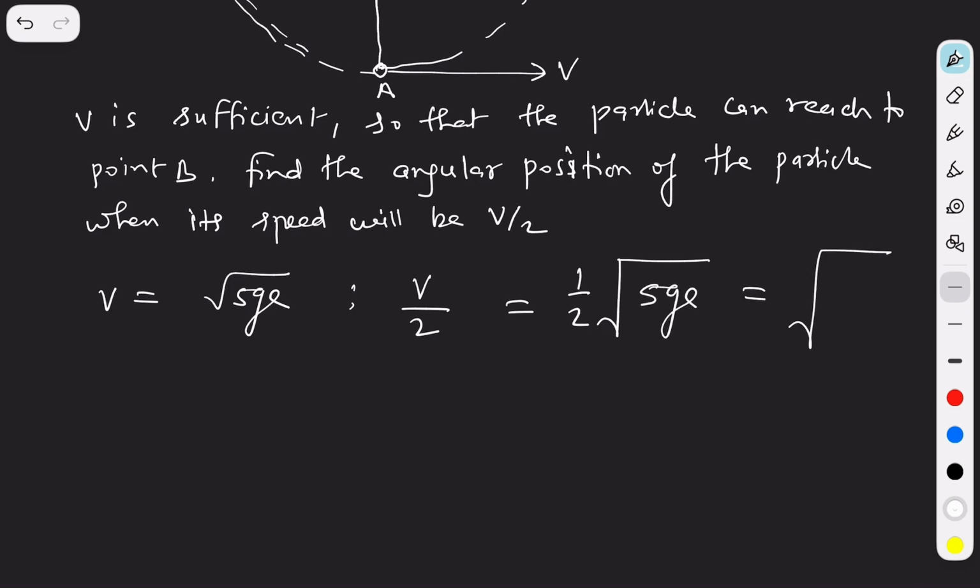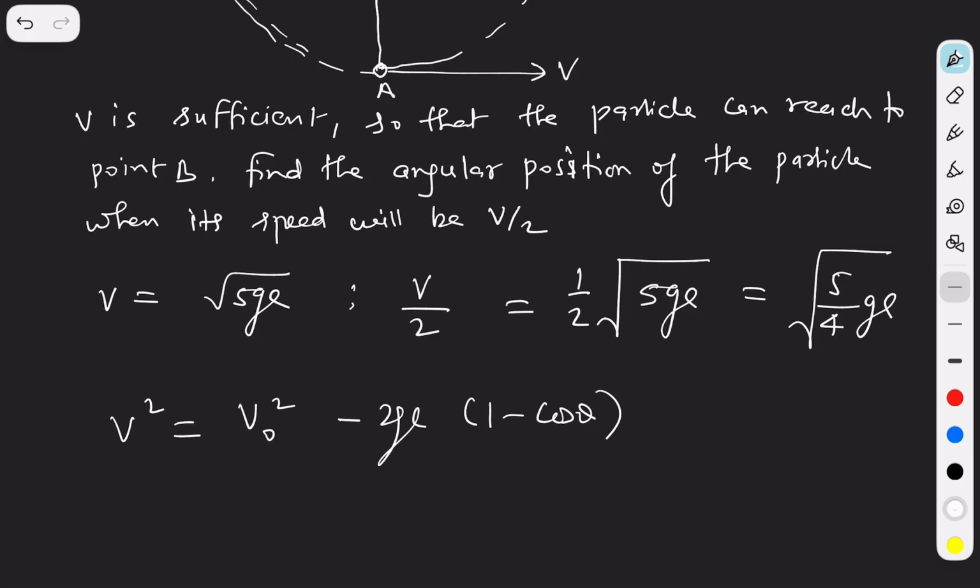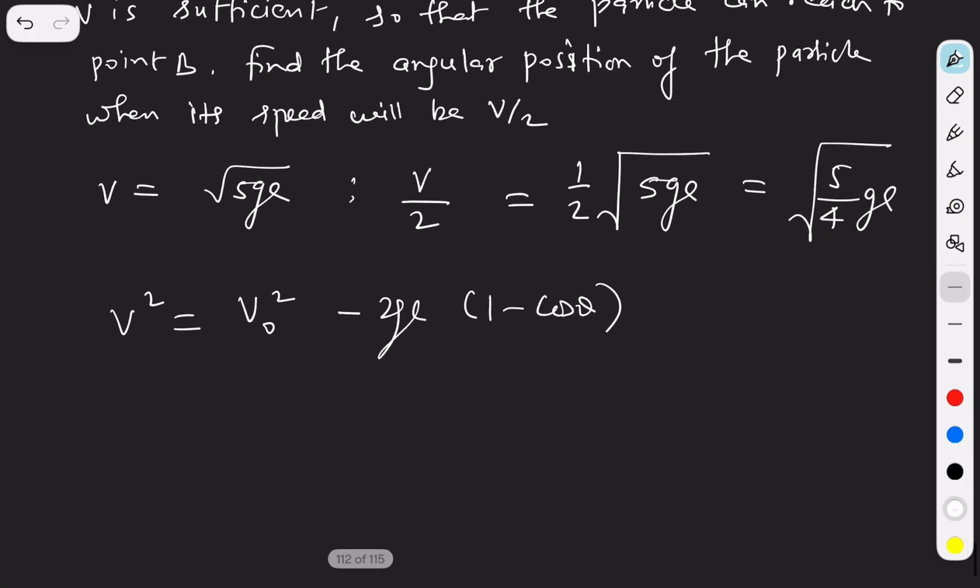If I use my formula, the simple relationship V squared is equal to V naught squared minus 2gl(1 minus cos theta), we can directly get the angular position theta, and from there I think we can judge in which range theta would be lying.